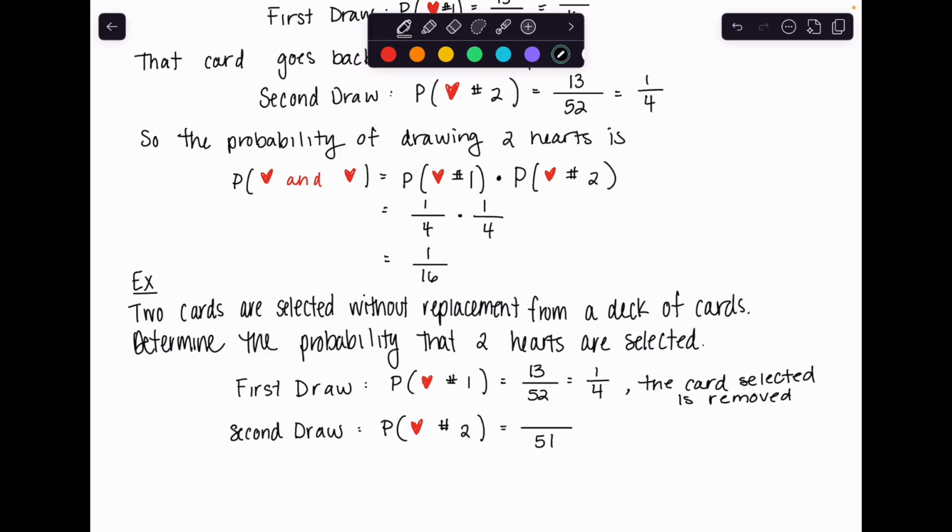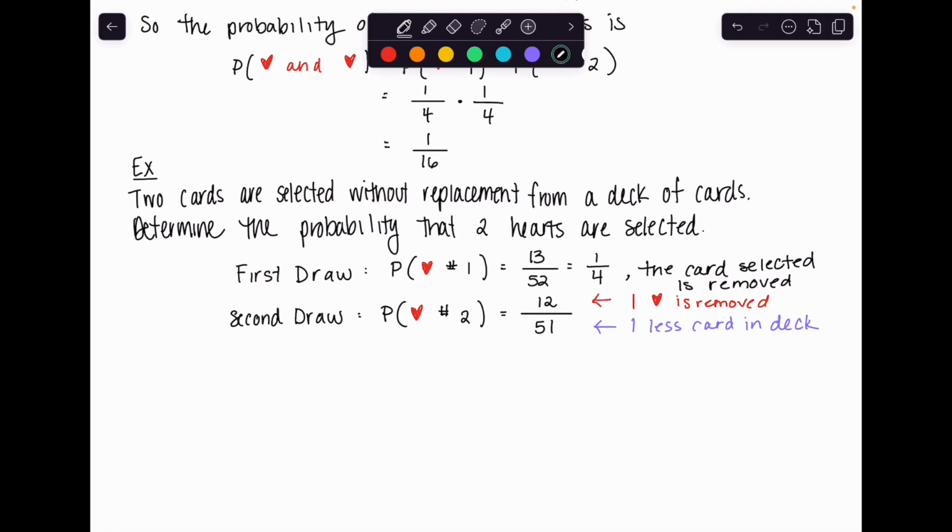So in total, I have 51 cards. And more specifically, I've removed a heart because the first event occurred. So I no longer have 13 hearts in the deck. I have 1 less. I have 12. So here, 1 heart is removed because the first event occurred. So my probability of selecting 2 hearts now is a little bit different.